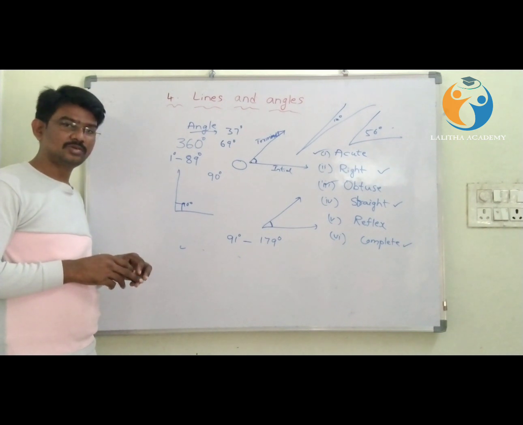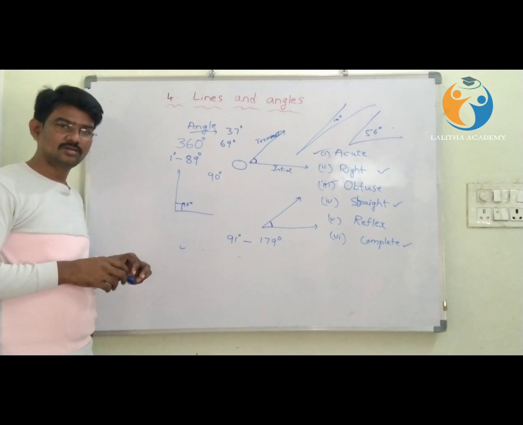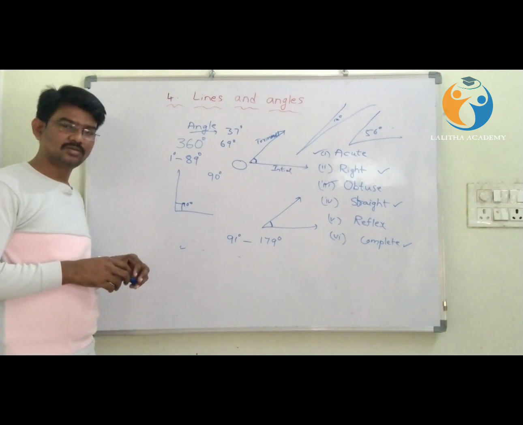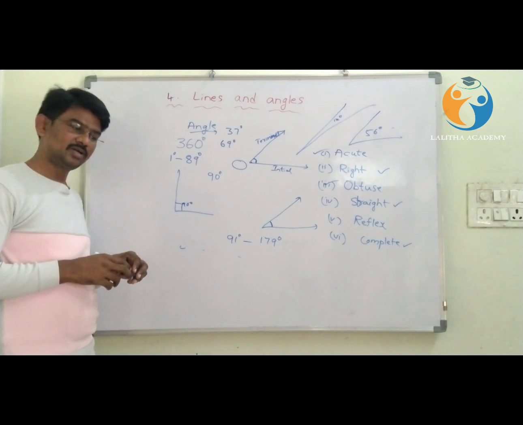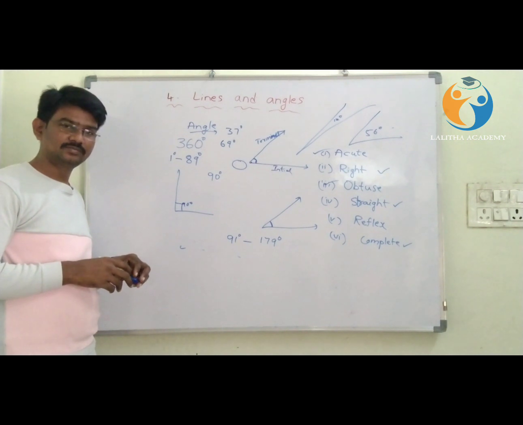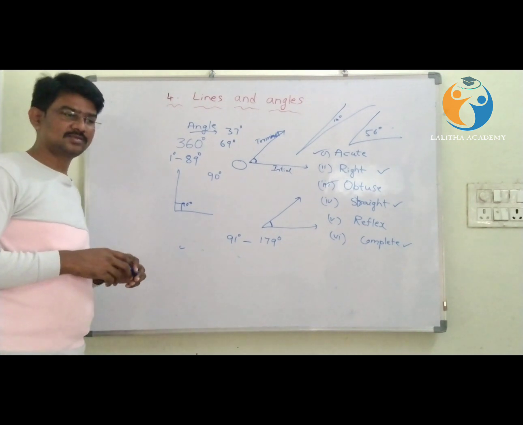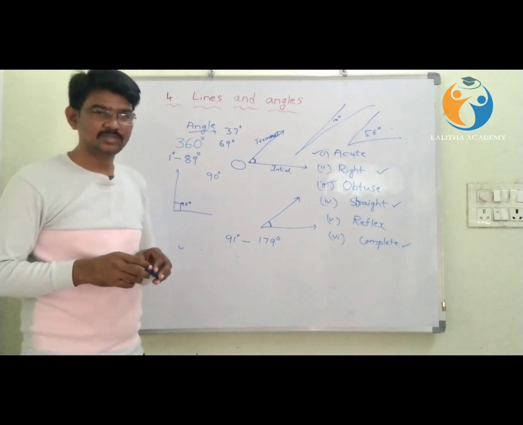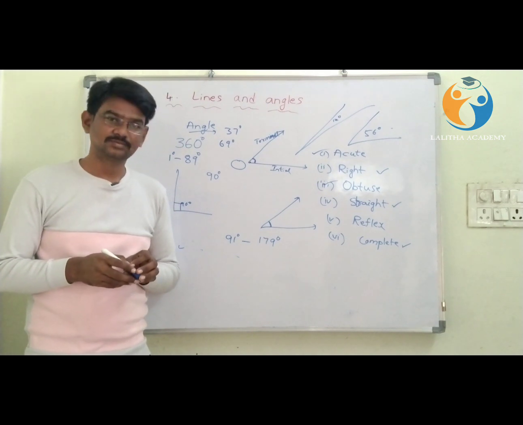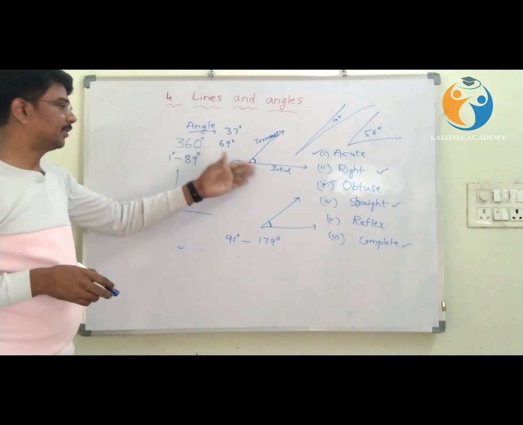You give some examples. 165 degrees, good. 135 degrees, good. 131 degrees, yes. 121 degrees, nice. 110 degrees, good. 109 degrees, good. 108 degrees. 108 is the ambulance number, medical emergency number, right? Okay. So these are obtuse angles.